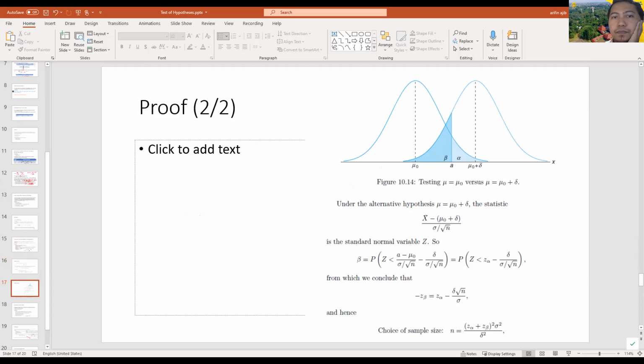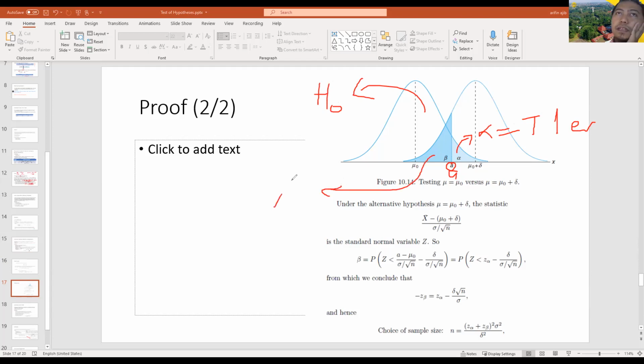You can see here for a more precise proof, that's the location of A, and that's the area of alpha. Alpha results from the type 1 error. This is the area of the null hypothesis, and the darker one is beta, which is equal to the type 2 error.